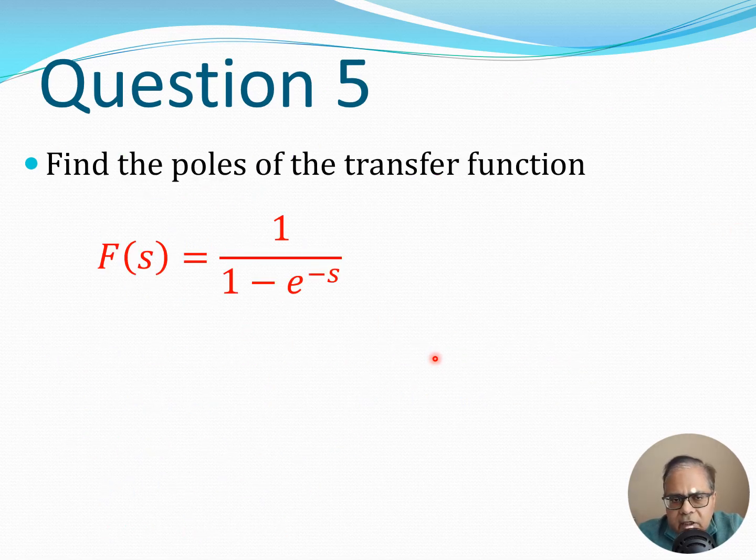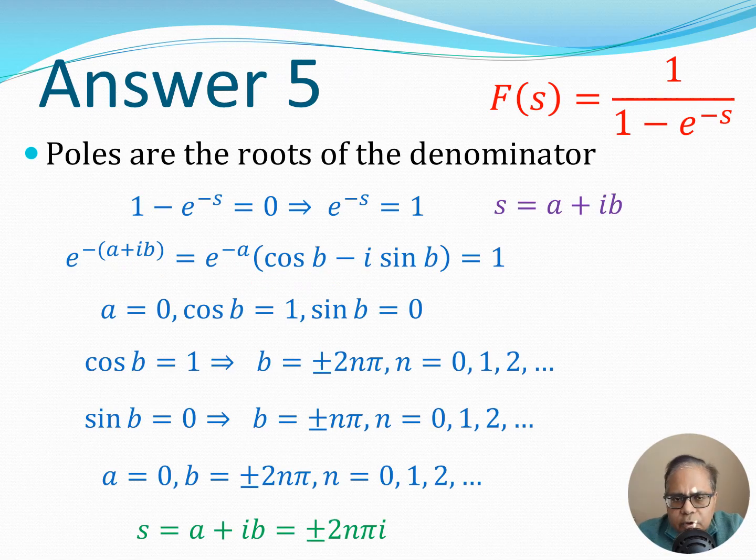Now let's look at a slightly more complex problem to do with transfer functions, and this is to find the poles of the transfer function given by F(s) = 1 / (1 − e^(−s)). Here what I have to do is look at the denominator and find the roots of this denominator. So I set this to 0, and I get e^(−s) = 1.